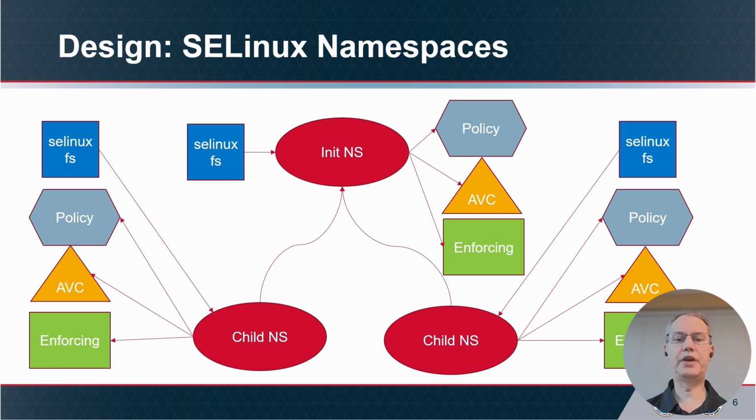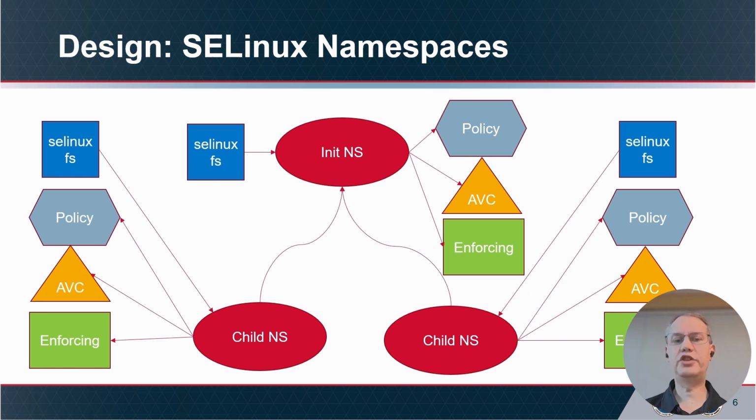And of course, it's possible to continue nesting further below the child namespaces to a depth controlled by a particular limit. Each namespace has its own policy, access vector cache, and enforcing mode, likewise depicted. And for each namespace, there is a separate SELinux FS instance, which provides a view of that policy, access vector cache and enforcing mode.